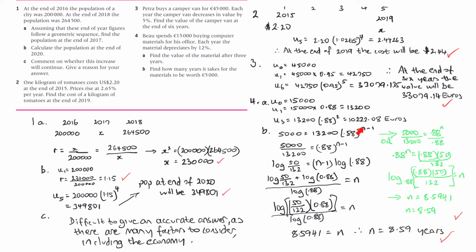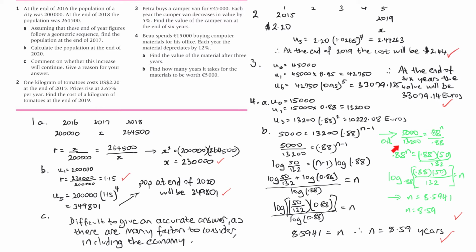I moved the 13,200 over to here, so I've got 5,000 over 13,200 equals 0.88 to the n over 0.88. So I've got 0.88 to the n equals 0.88 times, again, I've chopped the 2 zeros off, 50 over 132.